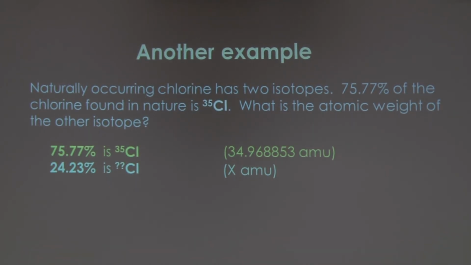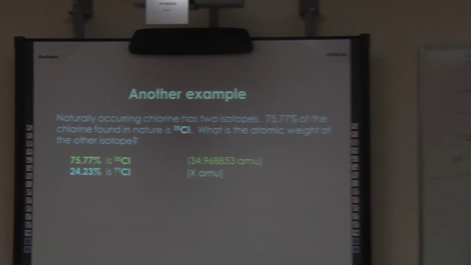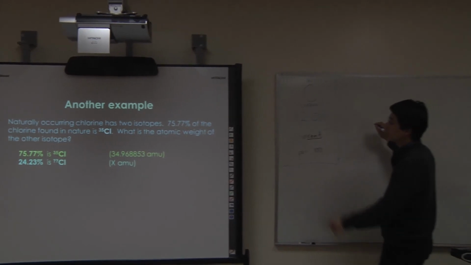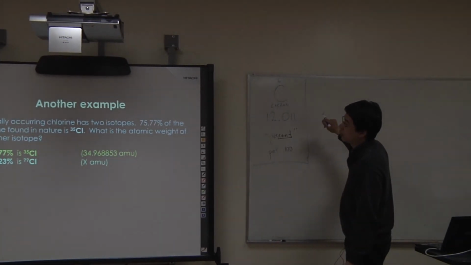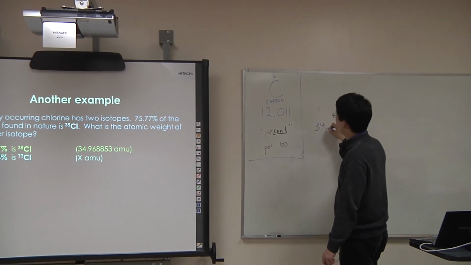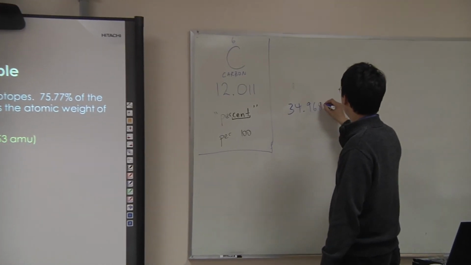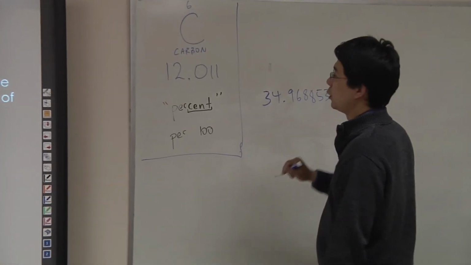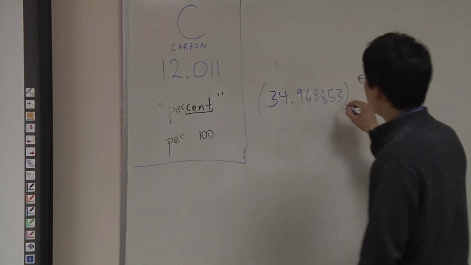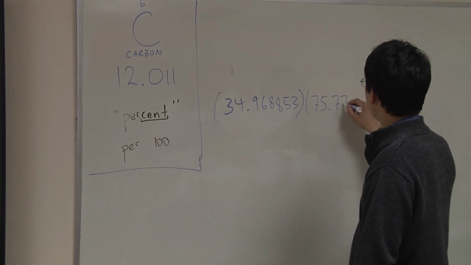Well, if we were to set this up just with this information, like we did in the previous two slides, we would say something like this. The first isotope has an atomic mass of 34.968853 AMU, and the percentage is 75.77.